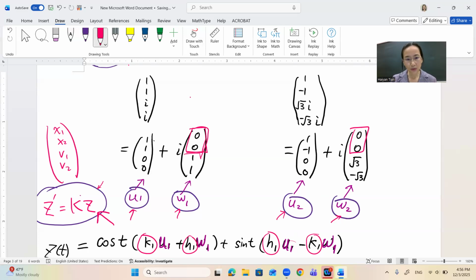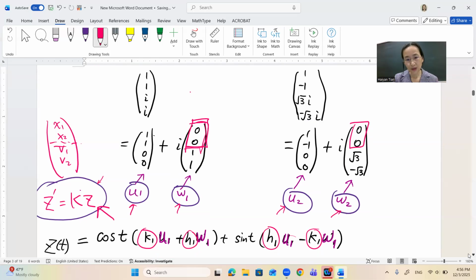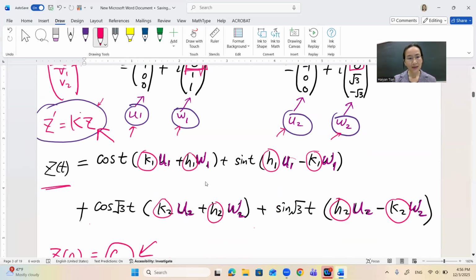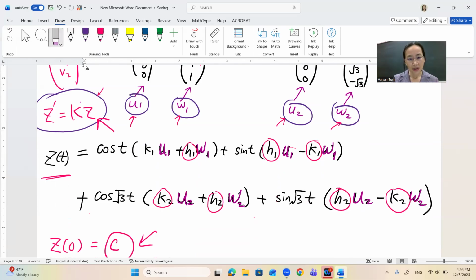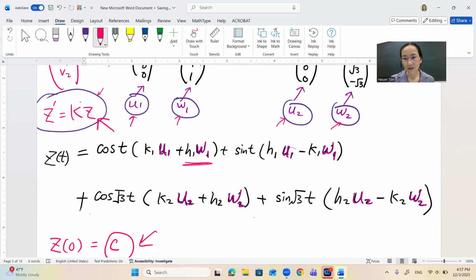So this W1, W2 will not contribute. So in our general solution, if our interest is to find x, and our goal is not to worry about velocity at all, then we can simply write our x by taking out those w1, w2 terms.